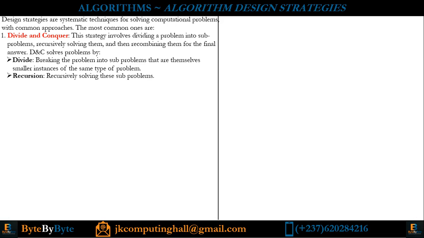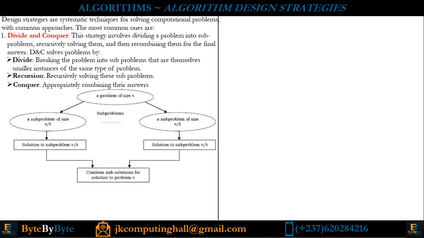After dividing, we perform recursion, whereby we recursively solve these sub-problems, that is, we solve them one after the other. Then we conquer: we appropriately combine the answers, because the combination of the answers of these different sub-problems gives us the answer of the general problem.